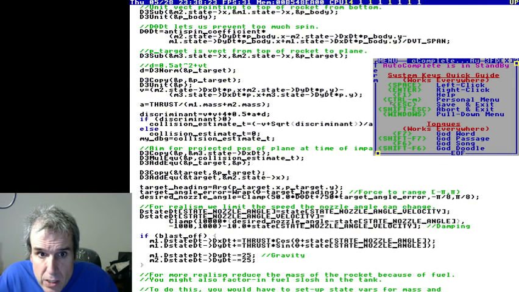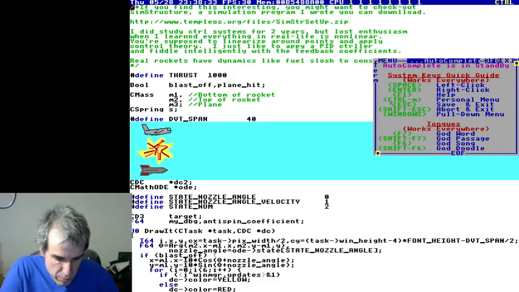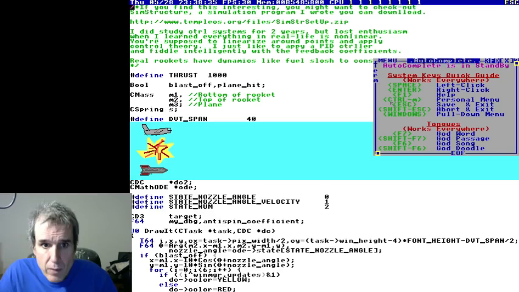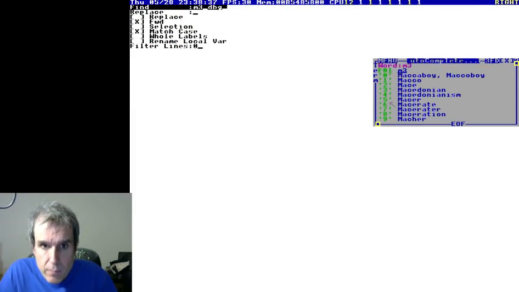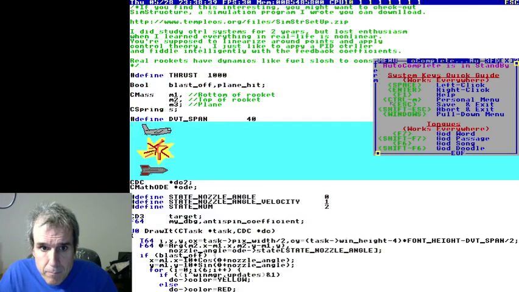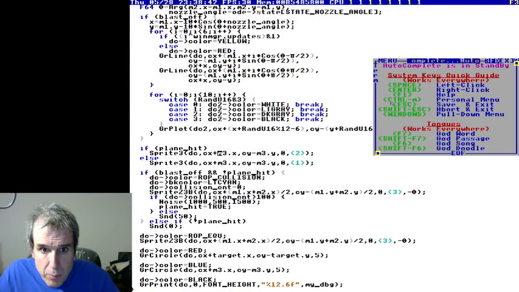I think the position of the airplane is handled by the derivative. Let's look for M3, see where it is. We move the airplane. Okay, so we're drawing the plane at the M3.